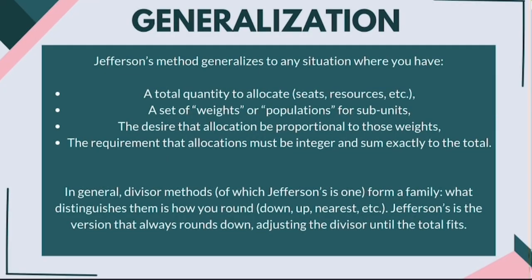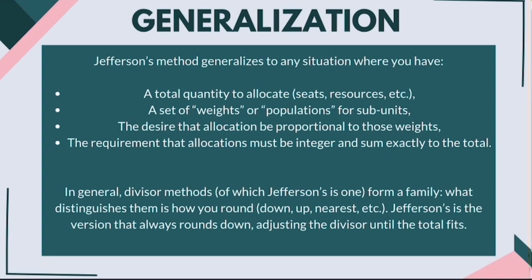Now, here's the generalization of Jefferson's method. Jefferson's method generalizes to any situation where you have a total quantity to allocate, like seats and resources, and a set of weights or populations for subunits. The desire is that allocation be proportional to those weights, with the requirement that the allocation must be an integer and sum exactly to the total.